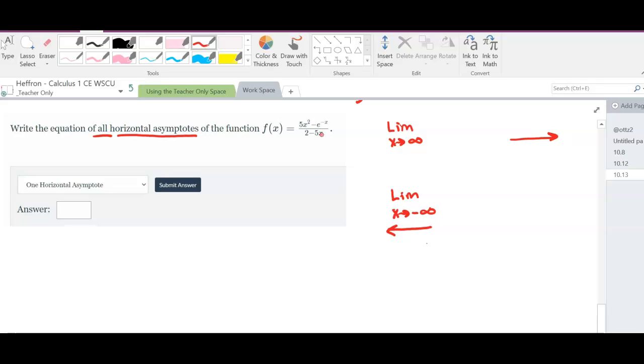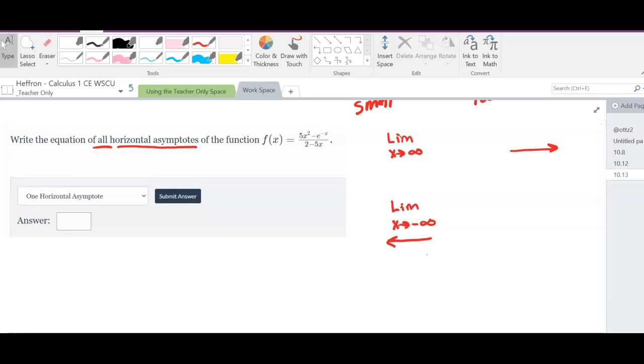And so this is one where it's really hard to figure out what's happening. So instead of doing anything crazy and trying to figure out exactly what's happening, I might just plug in a big number and a negative big number and see what happens.